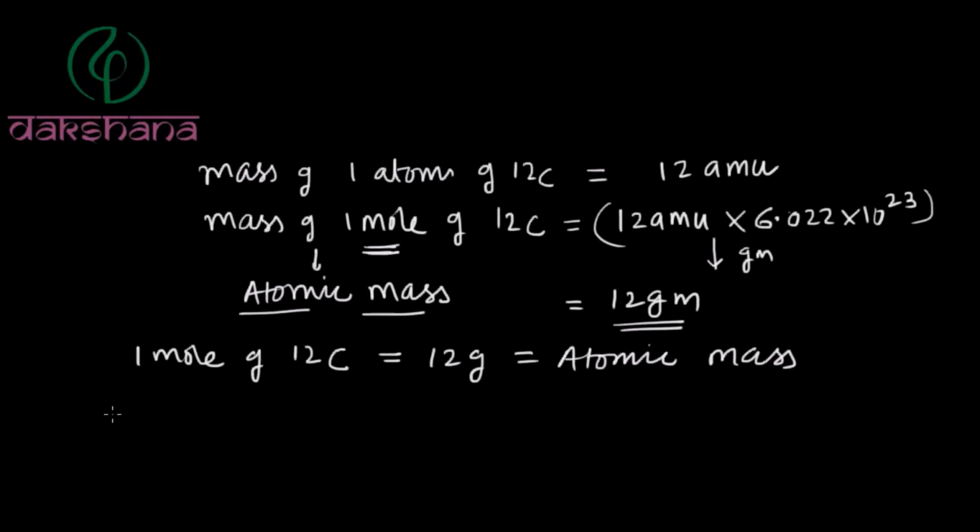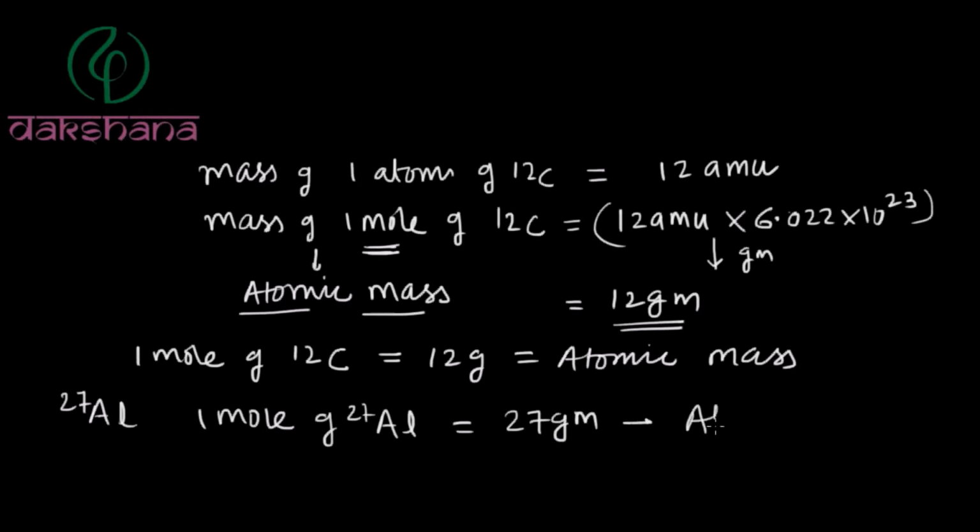So if I write the same equation for aluminium, which is 27, 1 mole of aluminium will be equal to how many grams? 27 grams, because 27 is the atomic mass of aluminium. Okay.